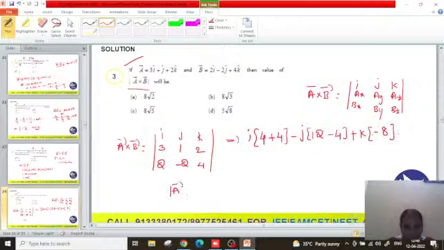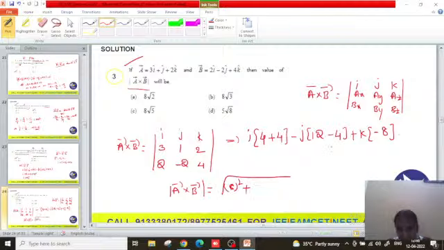Then the magnitude of their cross product will be equal to the square root of the square of the component of i, square of the component of j and square of the component of k. So here 4 plus 4 means 8 whole square, plus 12 minus 4, 8, here also 8 whole square will come, here minus 8 whole square. Taking 8 square common, root and square cancel, the answer will be 8 root 3.